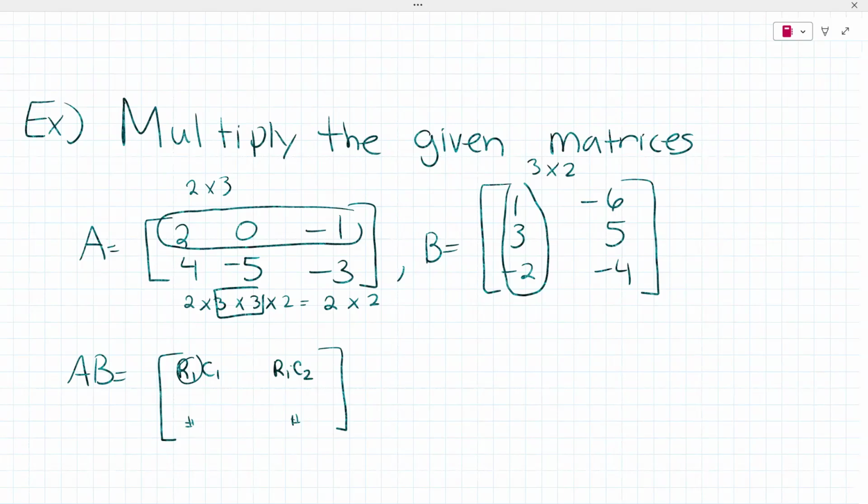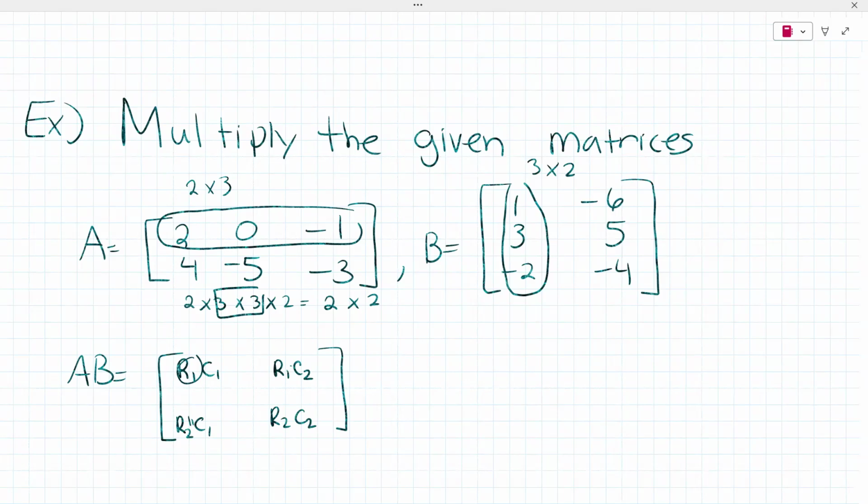And then this number here could be expressed as R2, C1. And then this number could be expressed as R2 times column 2.